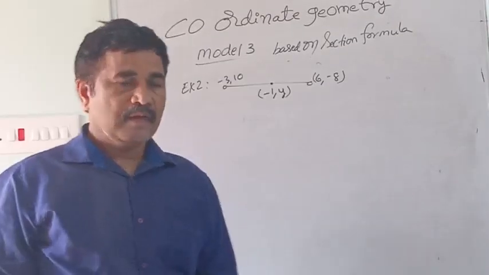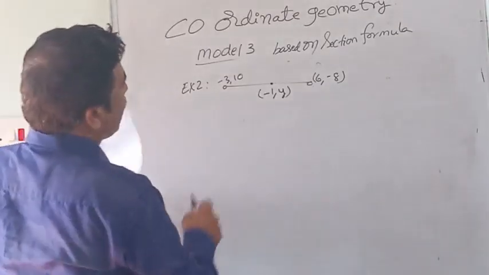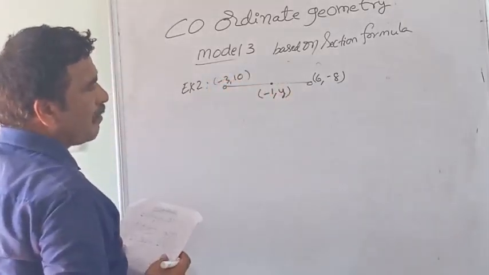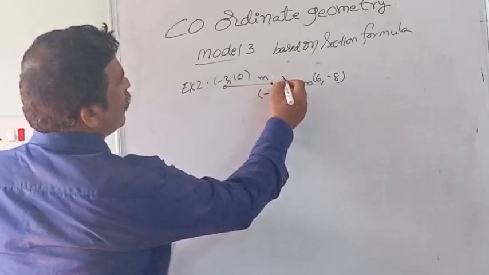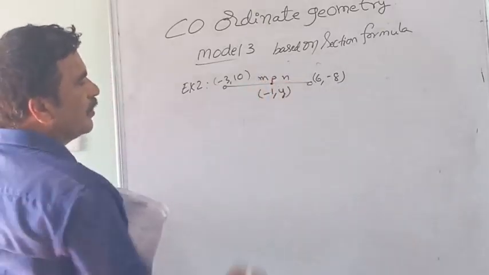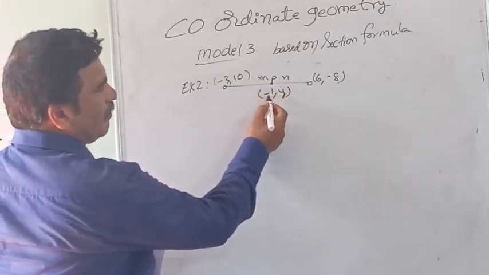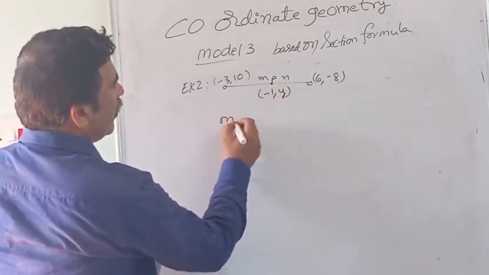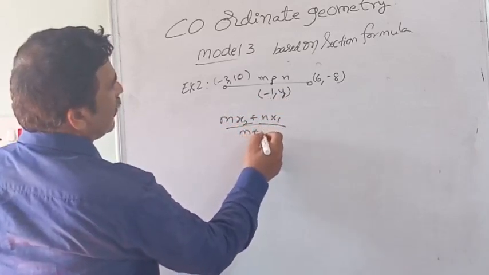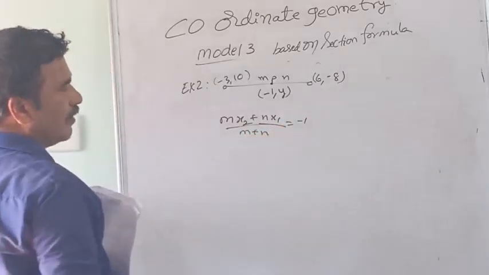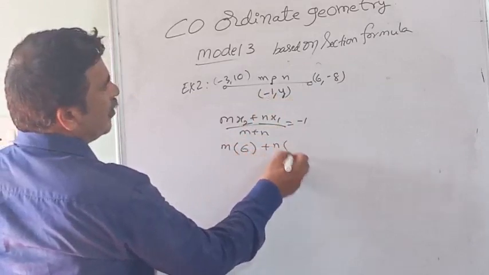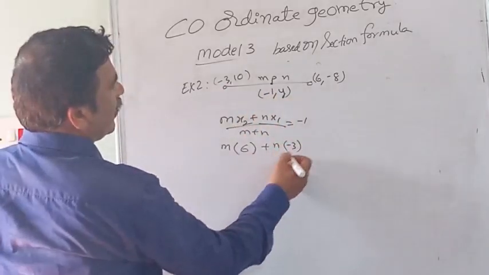Okay. Example 2, he will give x1 y1 as -3, 10, x2 y2 as 6, -8. Ratio we don't know, question mark. Find this point P after finding the ratio. See, the x value of this point is given, -1. Use that formula, (mx2 plus nx1) by (m plus n) is equal to -1. m we don't know, x2 is 6, n we don't know, x1 is -3.